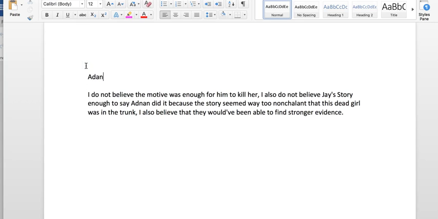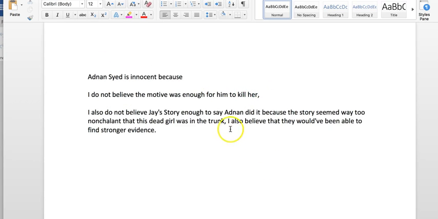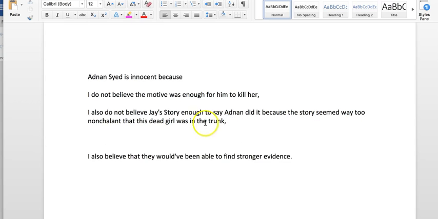So, Adnan Syed is innocent because. All right, so let's work on this one by one. This one's actually really good. Can work on this. All right. I do not believe the motive was enough for him to kill her. Really, what you're saying is the motive doesn't make sense.